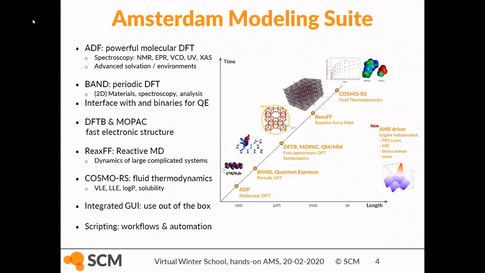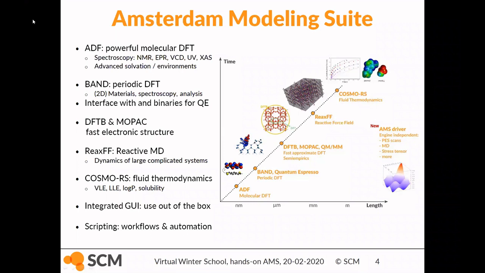In the 80s, especially in view of catalysis, a periodic density functional code was developed. It is called BAND, and that is specifically suitable for dealing with periodic structures. Thomas will introduce that in a little bit more detail, or actually give you hands-on examples on how to use that in the afternoon session.